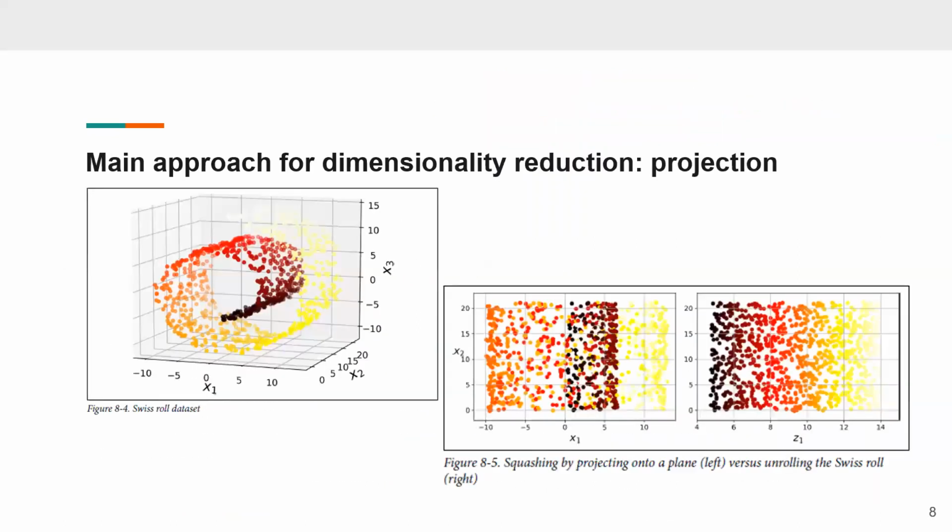Okay, so let's look at another way to look at dimensionality reduction. Let's think about the graph on the top left-hand side. If we just do the same thing as what we just said and project onto the x1, x2 plane, then what would happen?